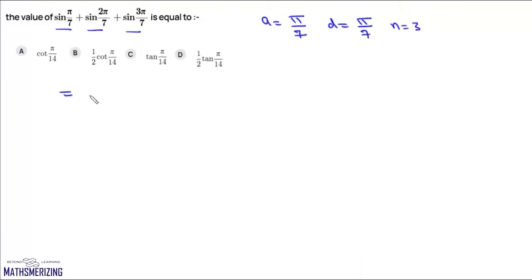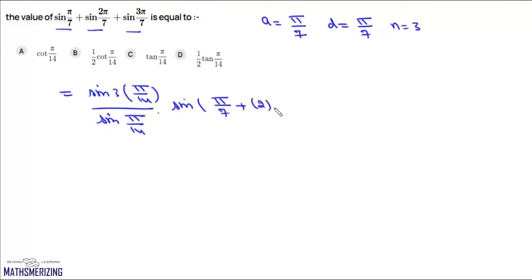So we'll use the formula. We know that formula is sine n d by 2. So sine 3 and then d by 2 is pi by 14 upon sine d by 2, which is sine pi by 14 into sine of a, which is pi by 7 plus n minus 1, which in this case is 2, into d by 2, which is pi by 14.